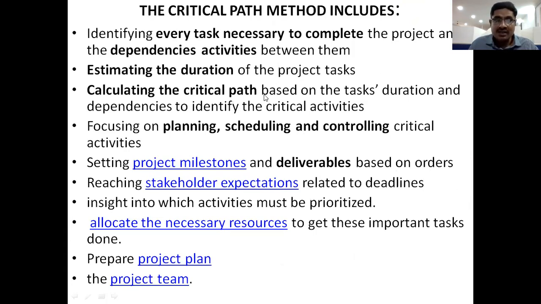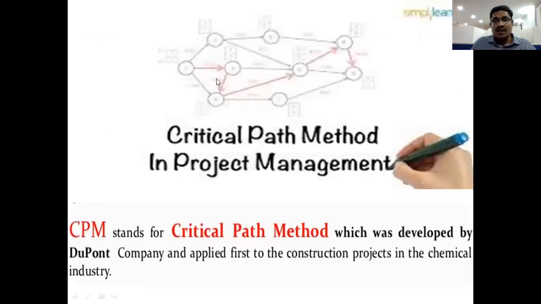And next, calculate the critical path based upon the task durations and the dependencies to identify the critical activities. Critical path means, as I already told you, these are the six ways I told you at the starting of our class. One way, this is the second way, this third way, this the fourth way, and this is the last way: six ways.